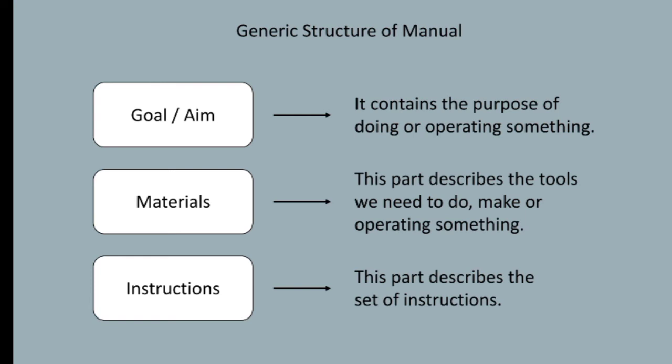This is the purpose of the generic structure of the manual. Goal or aim. It contains the purpose of doing or operating something. And the second is materials. This part describes the tools we need to do, make or operate something. And the last one is instruction. This part describes the set of instructions.